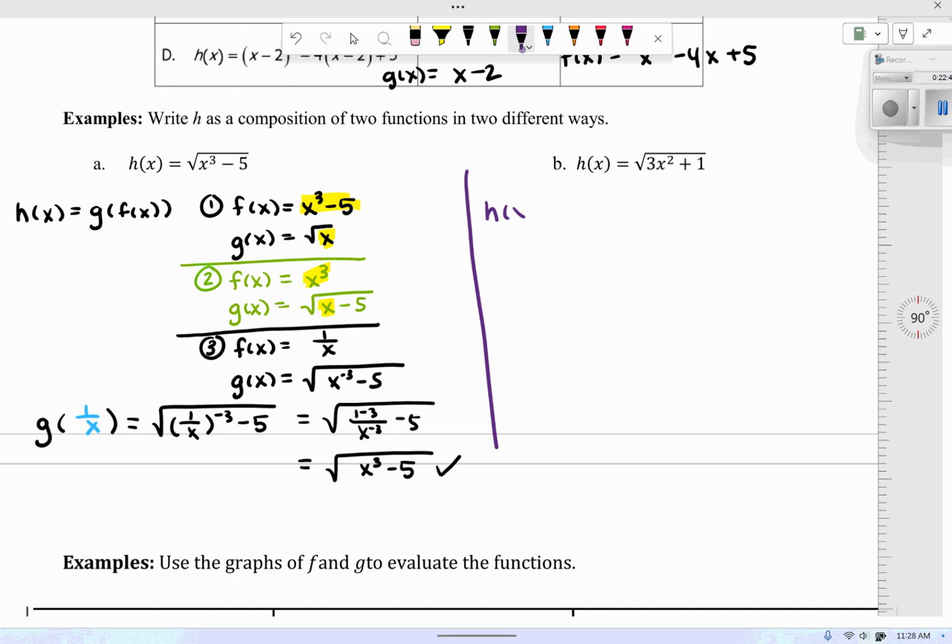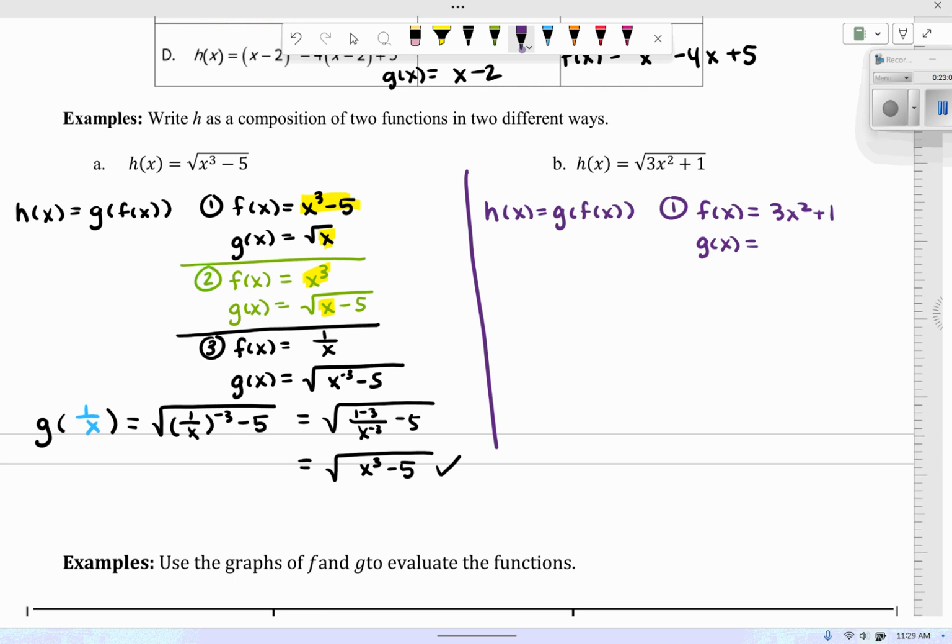So I'm going to do, again, h of x equals g of f of x like the last one. So we need two functions. So if f of x is equal to 3x squared plus 1, then g of x would be equal to the square root of x.